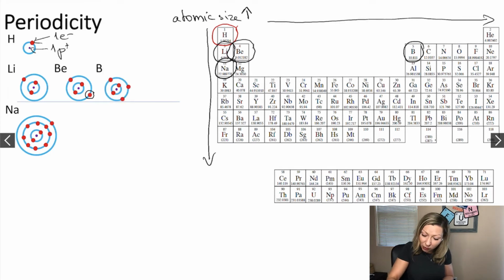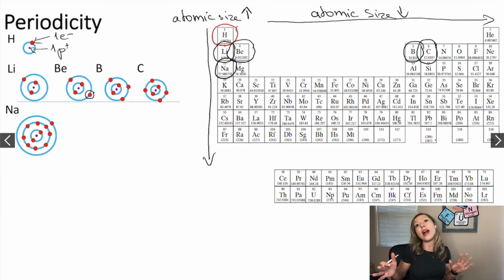And then I can move to carbon, which is again going to be smaller. So here is my trend. As I go across a period, left to right, I am going to decrease the atomic size. So atomic size is going to go down.